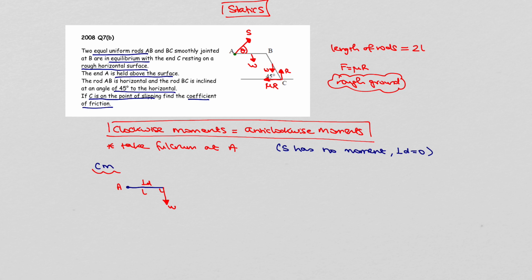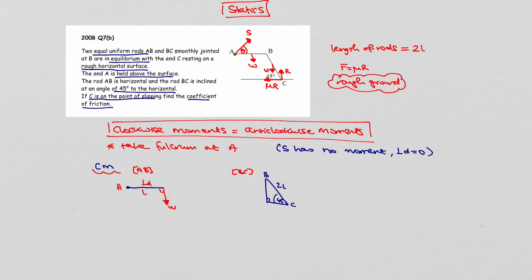If I look at the rod BC, then I'm going to have to work out what my distance is going to be. So before I can do that, I'm going to actually look at the triangle, which is 45 degrees, and that's B and that's C, and that's going to be 2L, because I'm taking the length of my rods to be 2L.